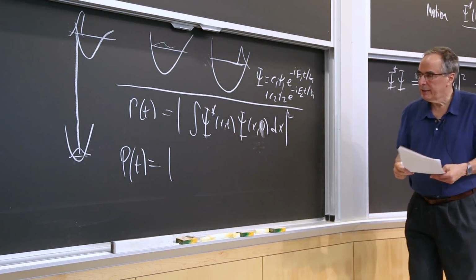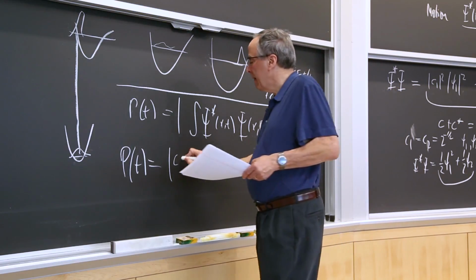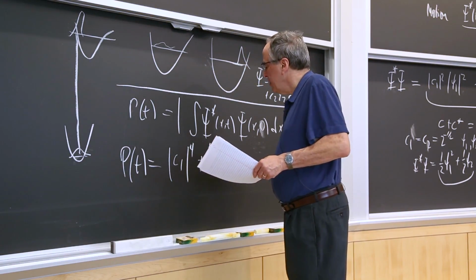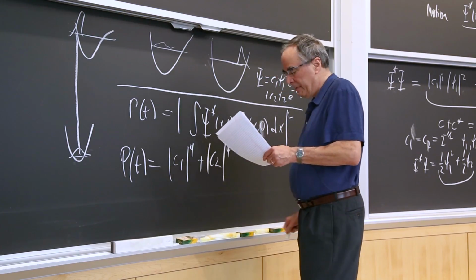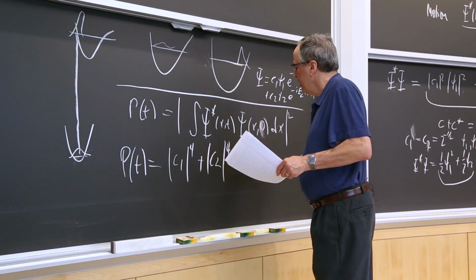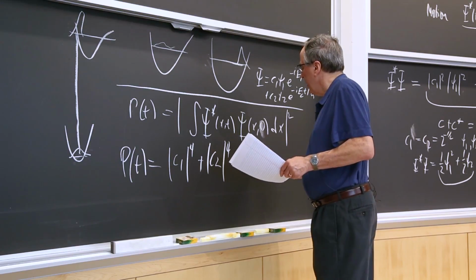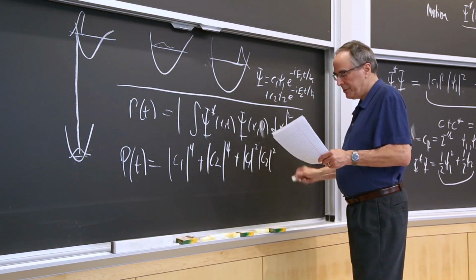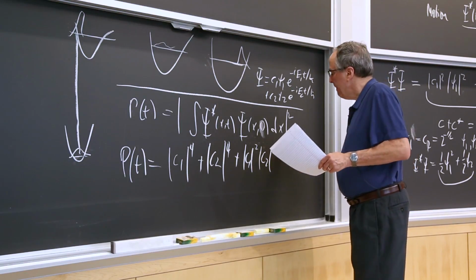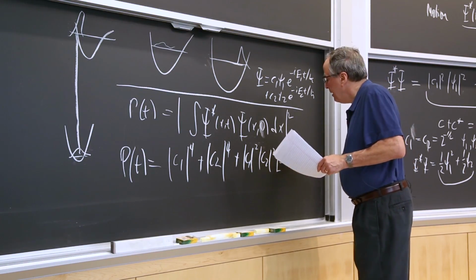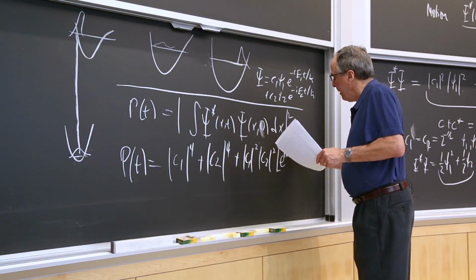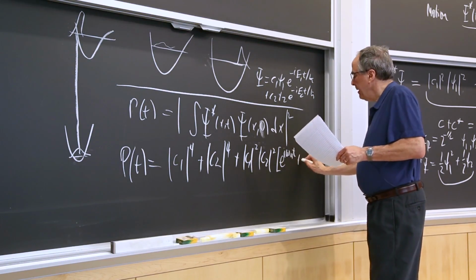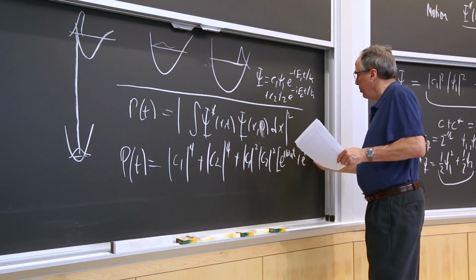Well, then what we get is C1 to the fourth power plus C2 to the fourth power plus C1 squared, C2 squared times this e to the i omega 2 t plus e to the minus i omega 2 t.